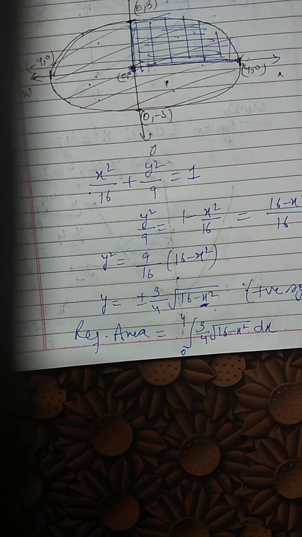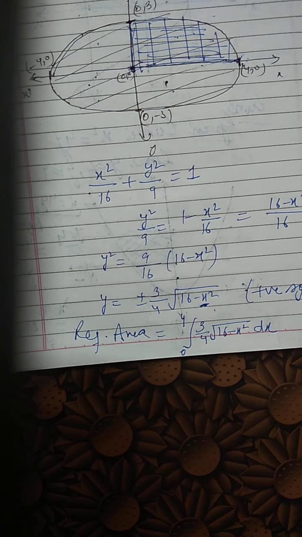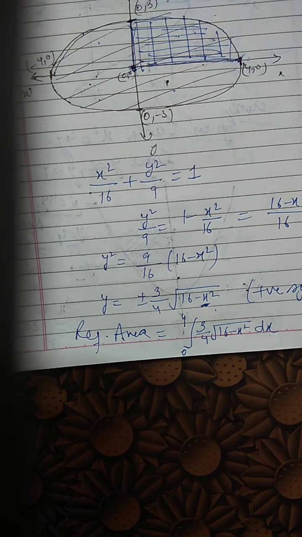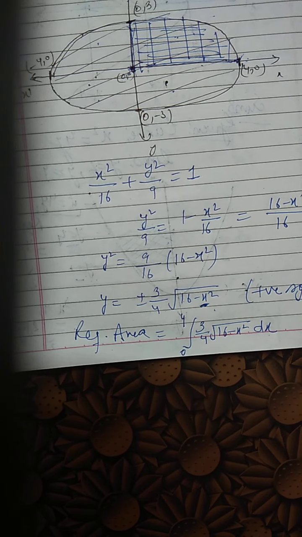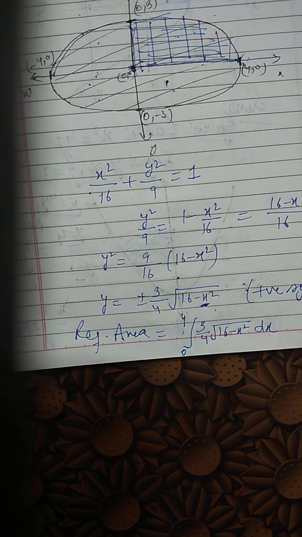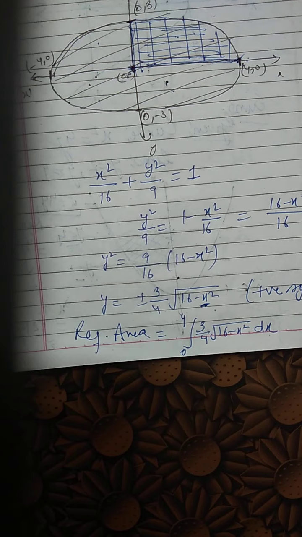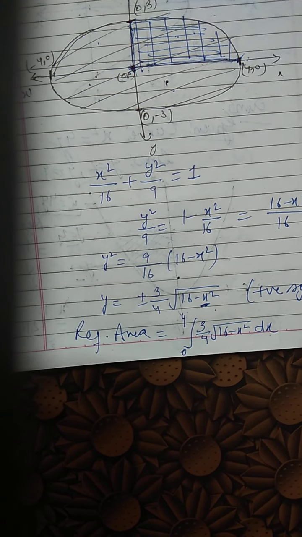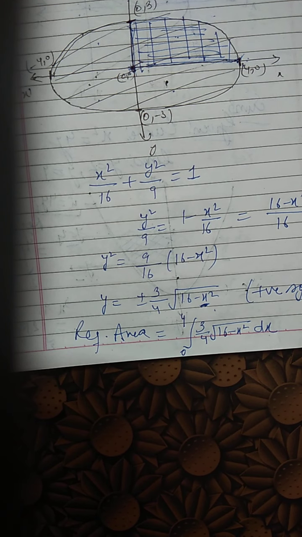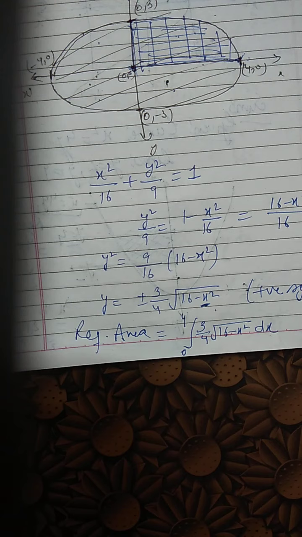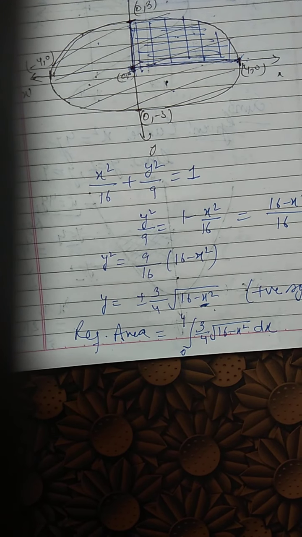Now this formula we have done in exercise, I think 7.10 or 7.7, if I am not wrong. Yes, we have the formula in exercise 7.7, integral of root a square minus x square.